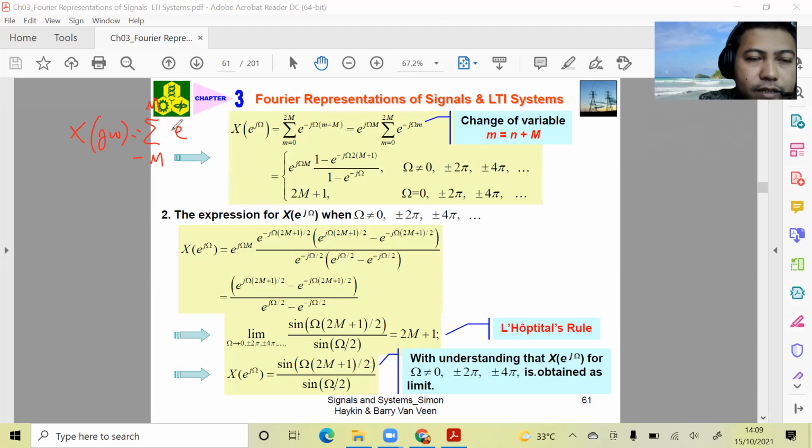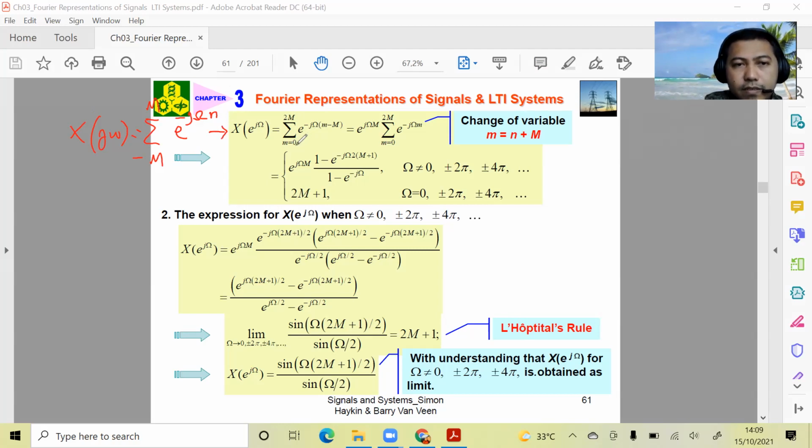We can ignore the 1, and keep e to the minus j omega n. Then we can transform it like this by changing the start.